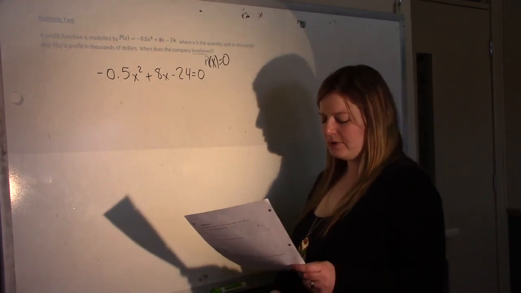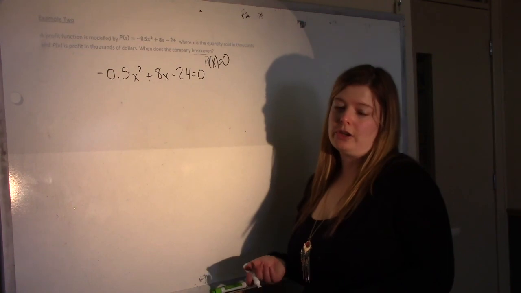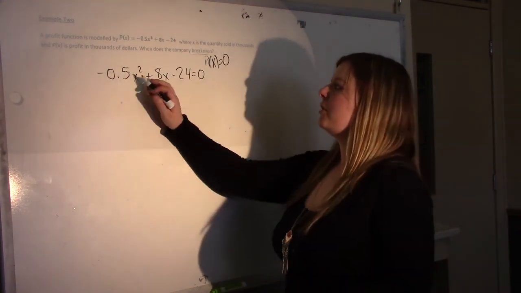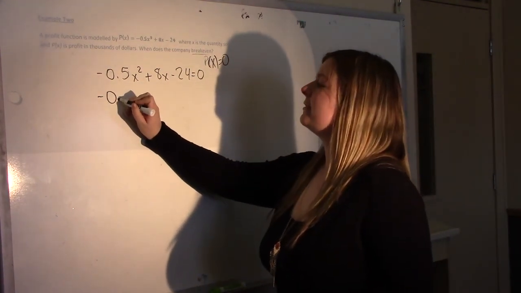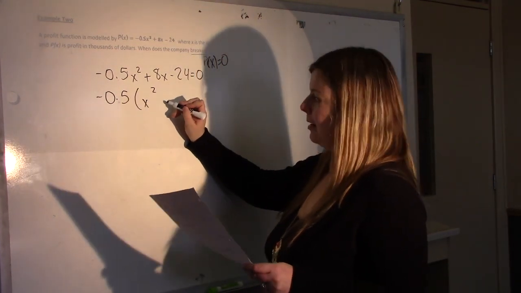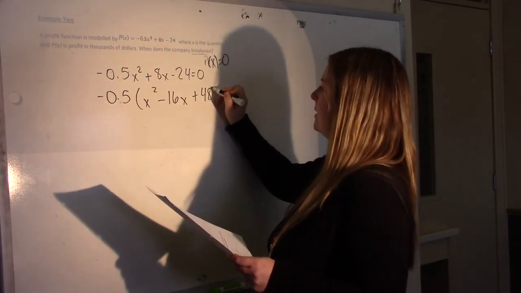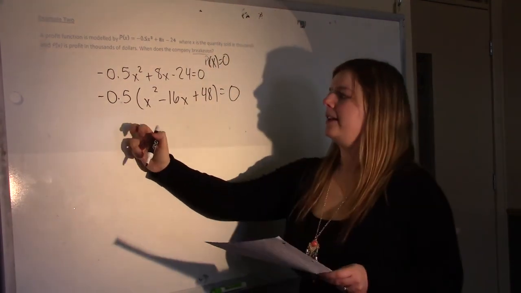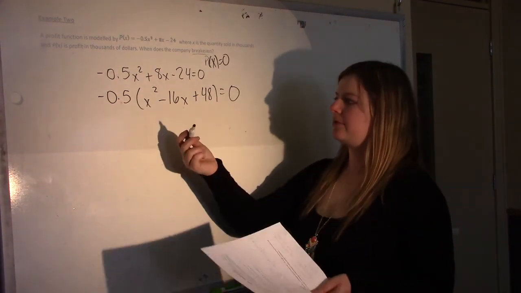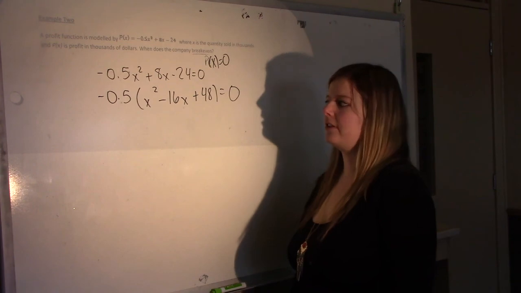Okay, so you can use quadratic formula here if you want to go ahead. I'm going to factor just to show you another way of doing it. So you can common factor on a negative 0.5. So you're left with x squared minus 16x plus 48 in brackets equals 0. Now you can divide this on both sides, so the minus 0.5 actually goes away because 0 divided by minus 0.5 is still 0.